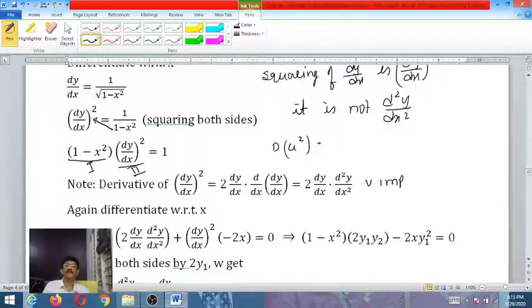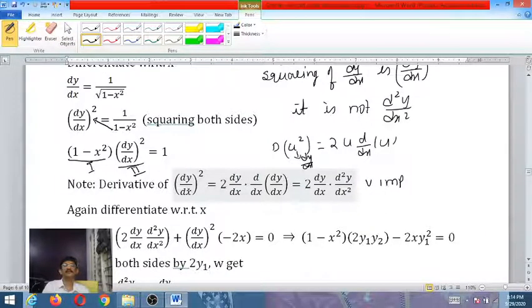Derivative of u square is 2u into derivative of u, isn't it? So in the place of u you have dy by dx. So 2 into dy by dx into derivative of dy by dx, right? What is the derivative of dy by dx? It is the second derivative, d square y by dx square.